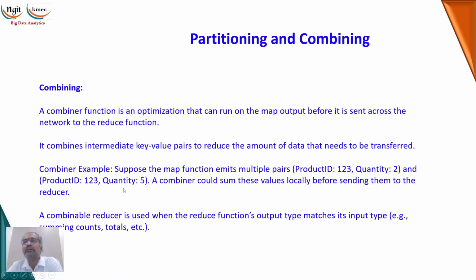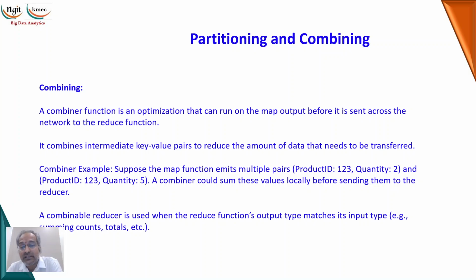Now I want to get the total quantity for product number 123. So I have to combine these based on this key and add 2 and 5, so that 7 will be available in the reducer. So this is the combiner and reducer concept.